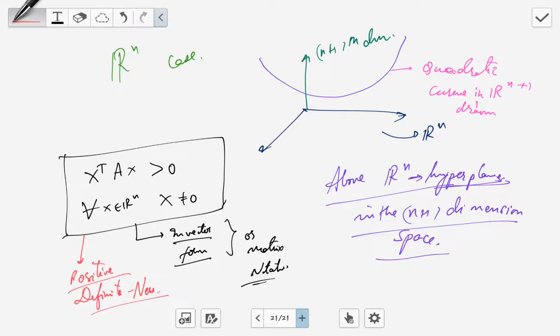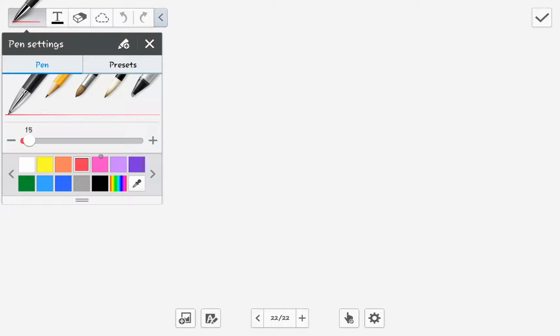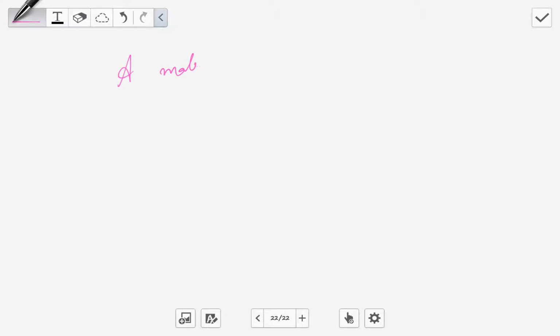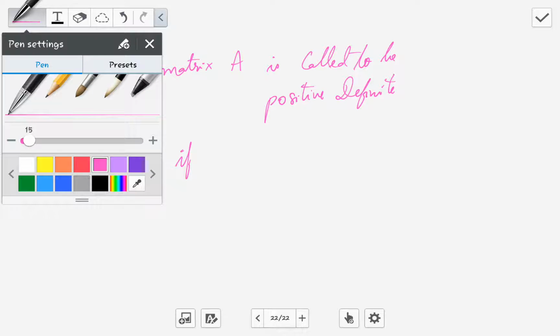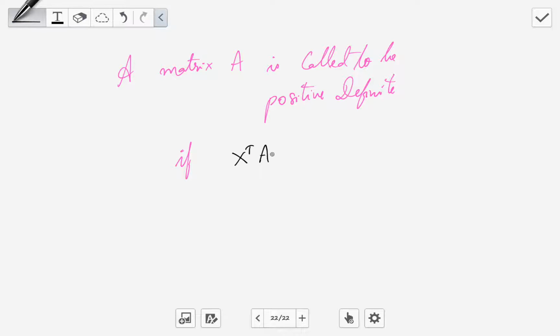Okay, so the definition of positive definiteness is: a matrix A is called positive definite if X transpose Ax is greater than 0 for all x belonging to Rn, and this A belongs to R n cross n, for all x belonging to Rn except the 0 vector.